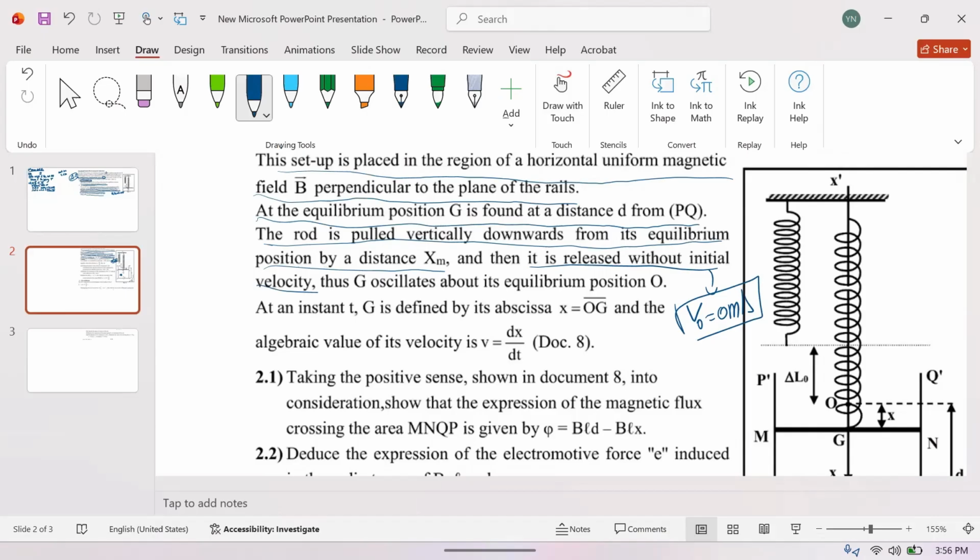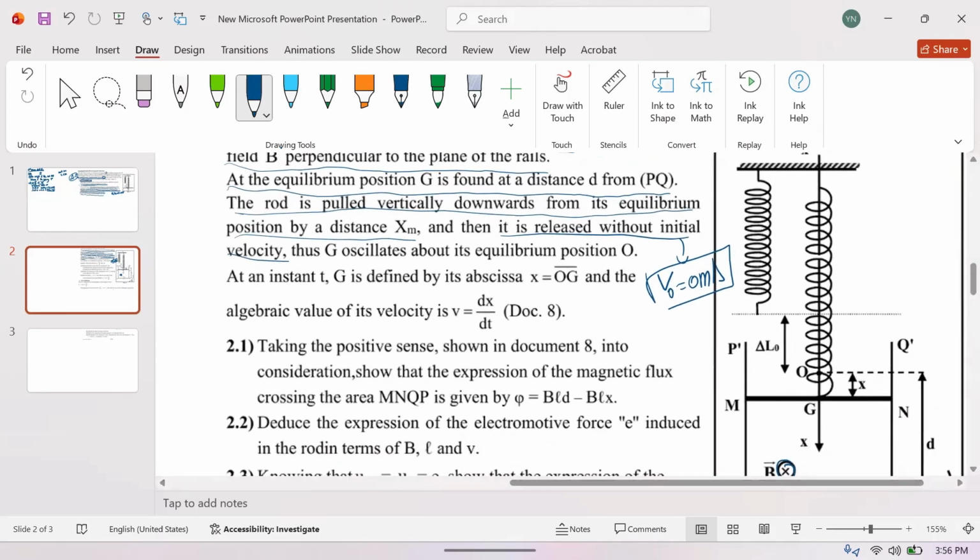Thus, G oscillates about its equilibrium position. So this is O, okay? We pull the rod by a distance xm downwards, then we leave it to go up, then down, then up, then down across O, about its equilibrium position O.